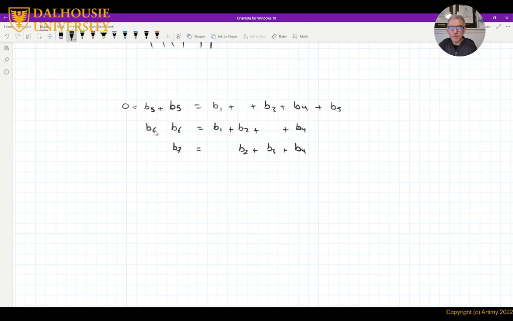So if I do the same thing, add B6 to both sides, and then add B7 to both sides, I'll end up with 0 on this side, so all the equations add up to 0. All right?